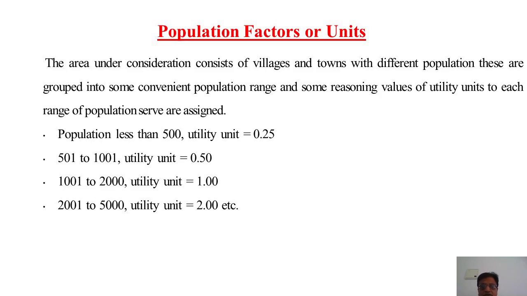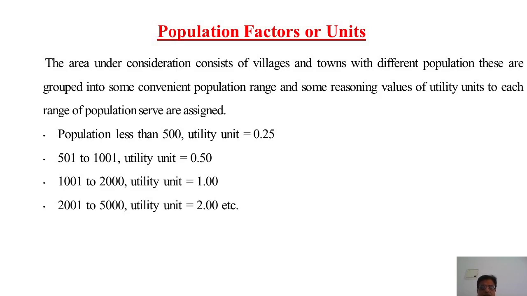Population factors are units. The area under consideration consists of villages and towns with different populations, and these are grouped into convenient population ranges with some reasonable values, giving a unit for each population range.